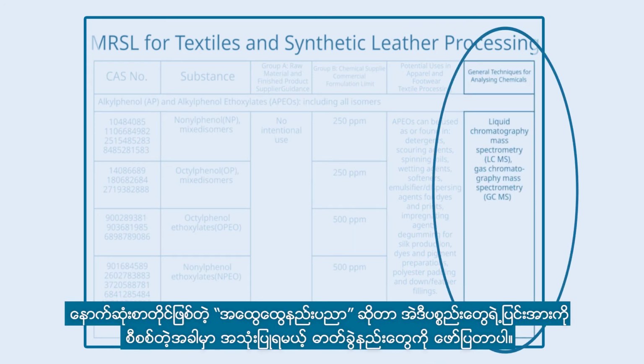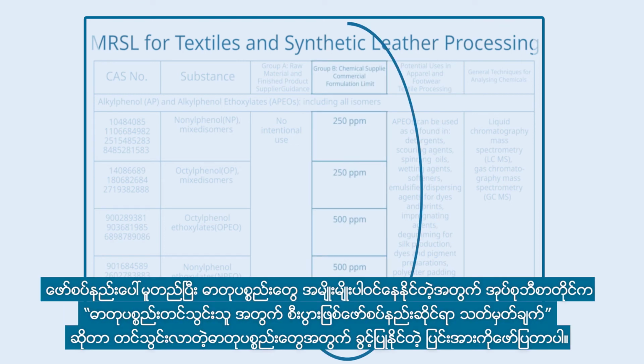The last column, General Technique, indicates the laboratory methods which are required for analyzing the concentrations of these substances. Since you may use multiple chemical substances as part of the formulations, the Group B column, Chemical Supplier Commercial Formulation Limit, shows the concentration limits of such substances in commercially available chemical formulations from chemical suppliers.